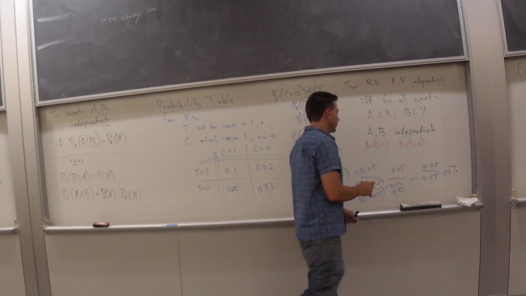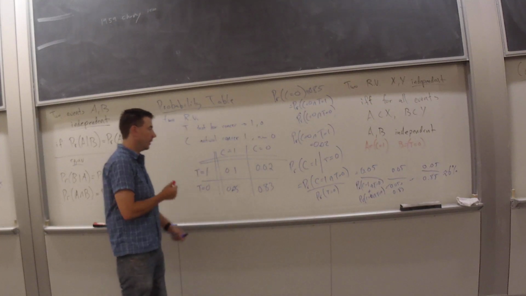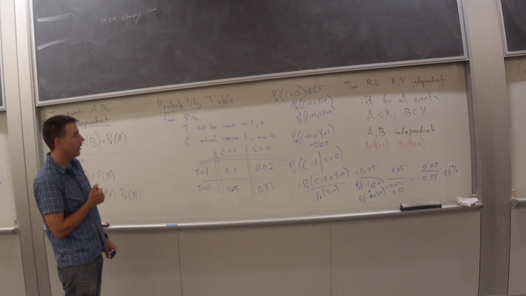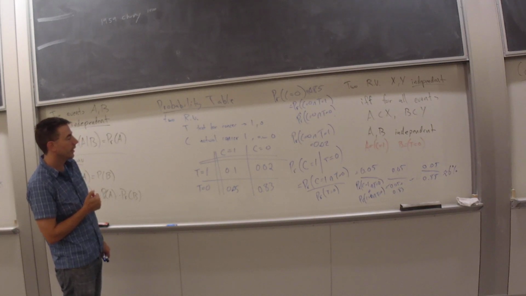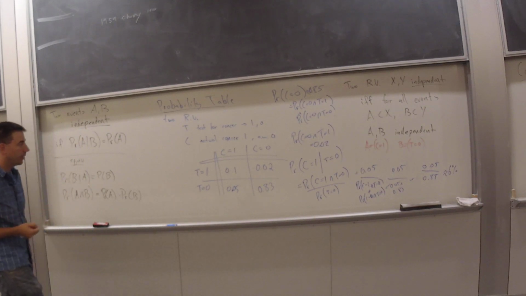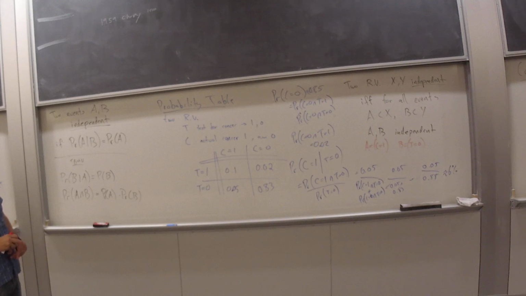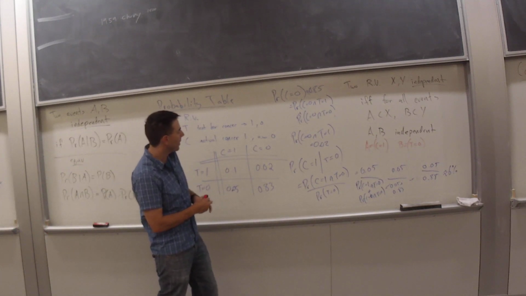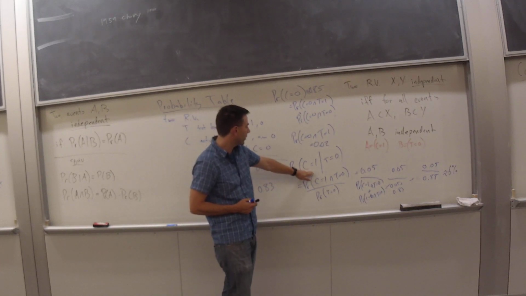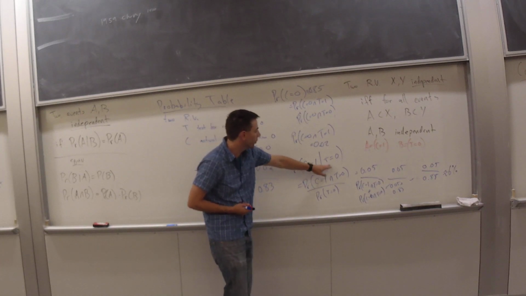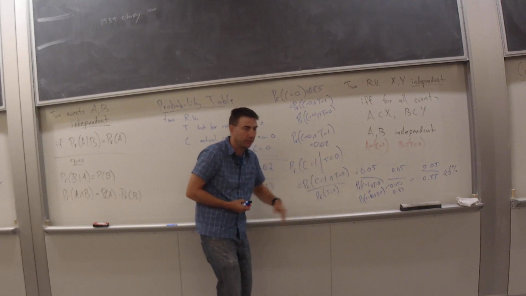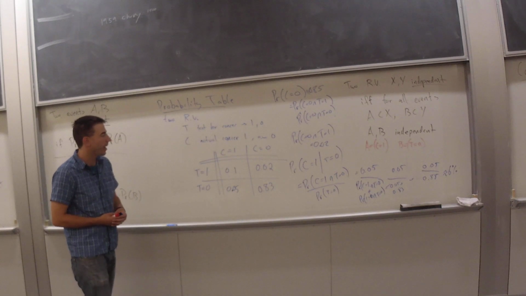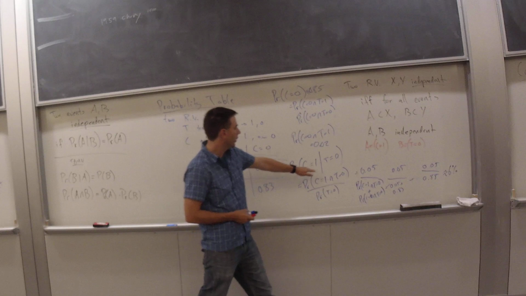So the two events here have to do with these two things. And these are going to be independent if these two events are independent. And so one way of comparing this is they're independent if C equals 1 is true whether or not the test is 0.